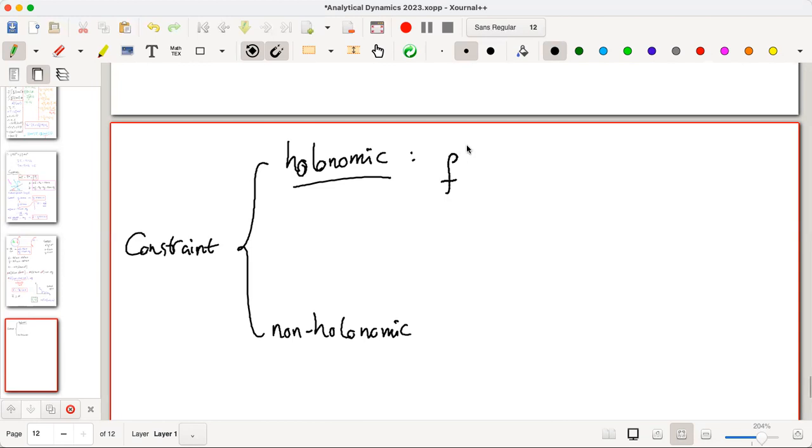Let's say f is a function of constraint, and f depends on the coordinates of each member of the system. We can always write the function to be algebraic like this.